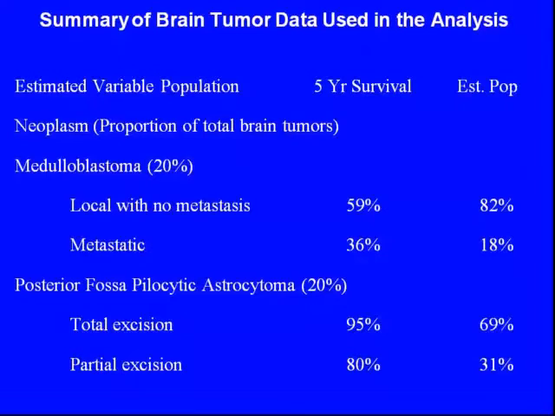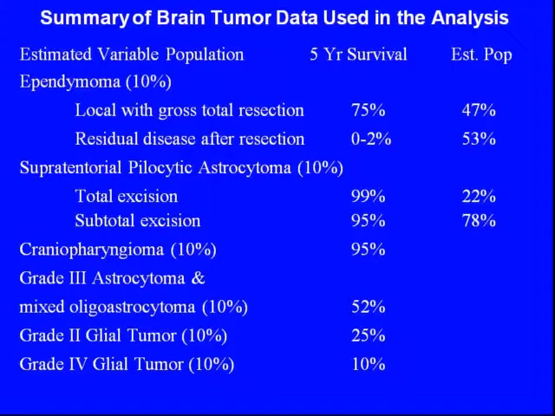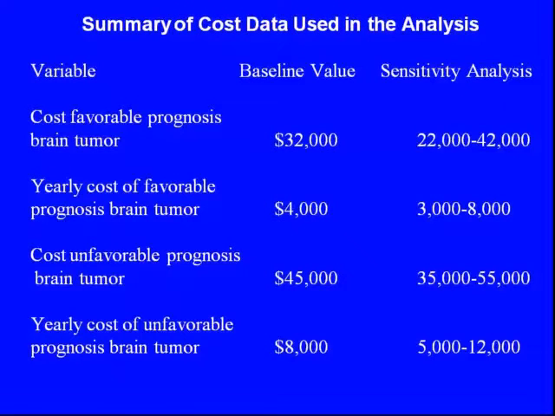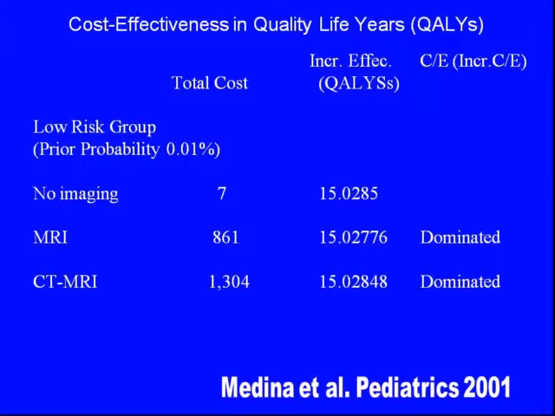So you need to enter into the model all of these different tumors with early versus late prognosis and survival, get an idea of every single tumor and their 5-year survival rate. And then you also need to enter into the equation the cost of these studies, and then the cost of favorable versus unfavorable prognosis, and then you come with this cost-effectiveness matrix.